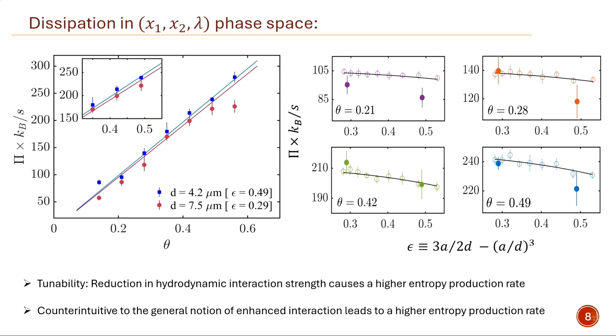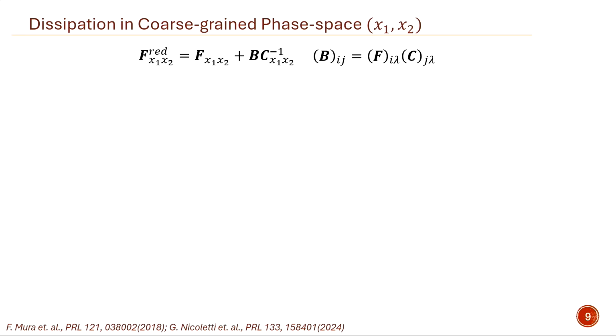Then we try to understand what will happen if we look into the coarse grained phase space. In general, in experiments it is very difficult to get the actual active degree of freedom, in my case lambda. So let's say I only measure x1 and x2.